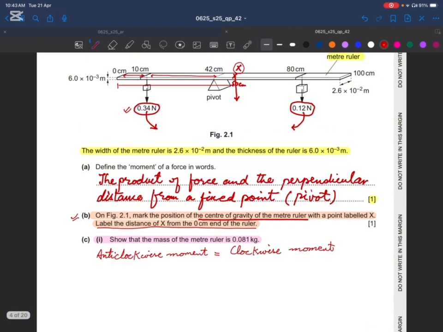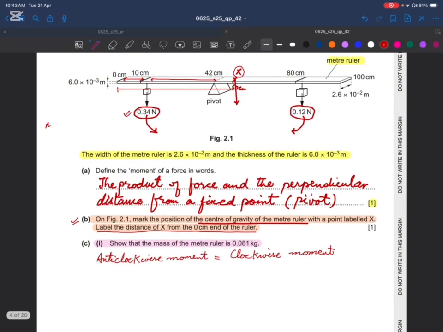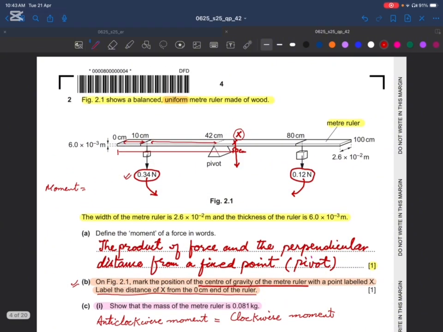And what is the formula for moment? We have already written the definition somewhere. This is the definition: force into perpendicular distance.